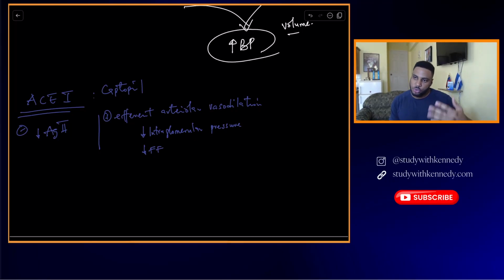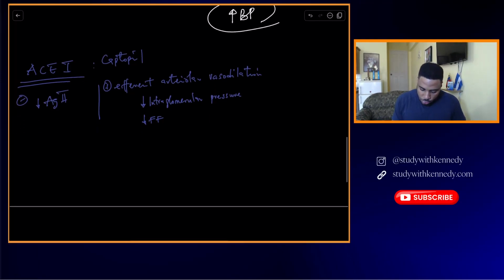So this is how you come up with all the mechanisms and everything that's happening, right? You decrease the intraglomerular pressure, hydrostatic pressure that is, and you decrease filtration fraction. Two, if you don't have angiotensin 2, you are not going to secrete as much aldosterone, right? Decrease aldosterone.